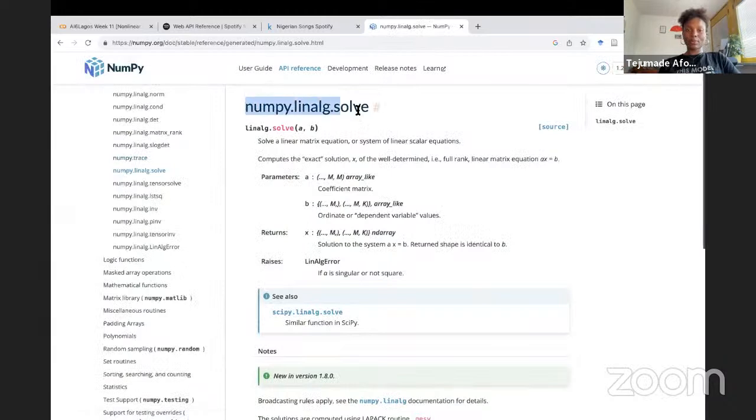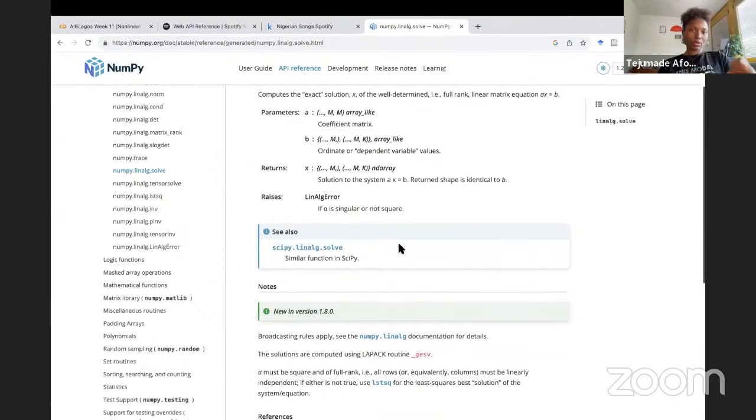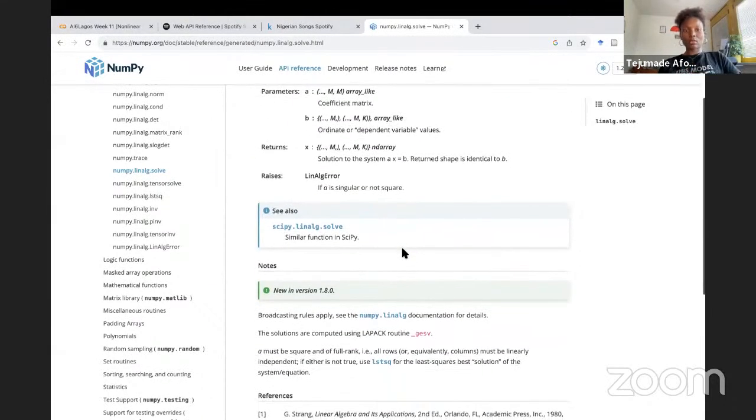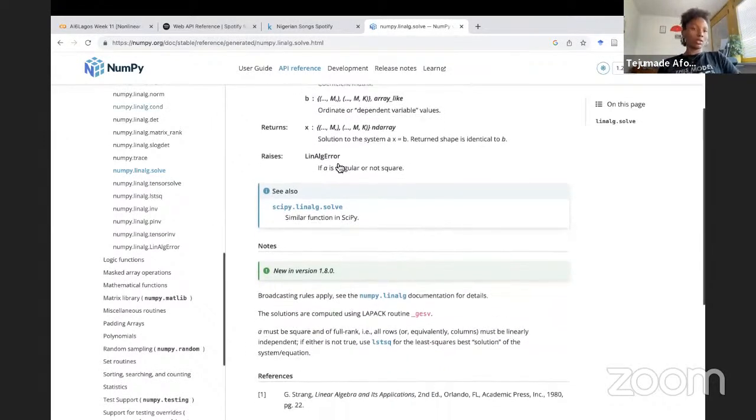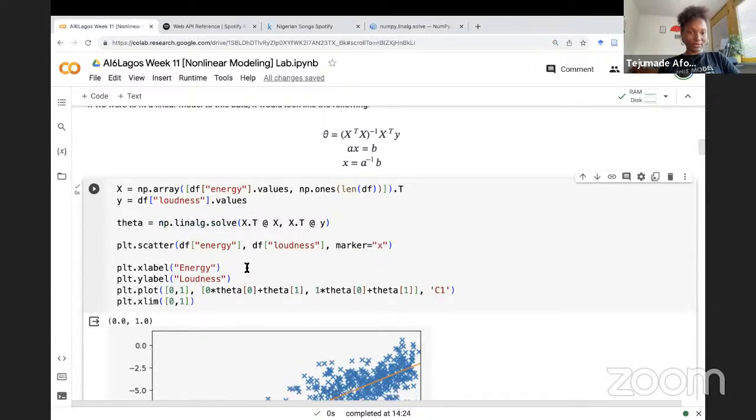So this is the NumPy linear algebra solver, and it explains how to use this function. If you're ever unclear, go to the documentation or just Google it and find the right explanation for you, because sometimes documentation can be very complete, but if you're just starting out, it feels like a lot of information that you don't need right now.